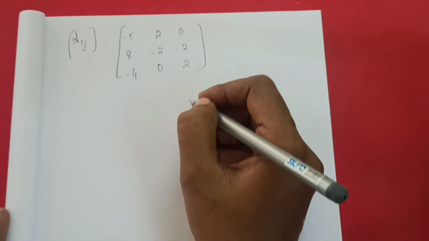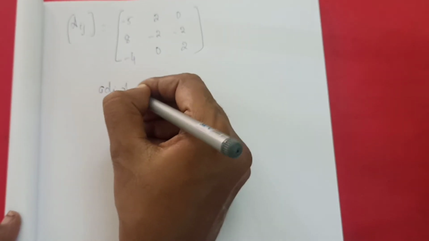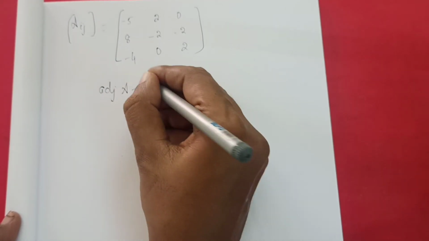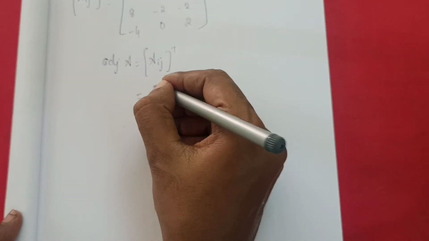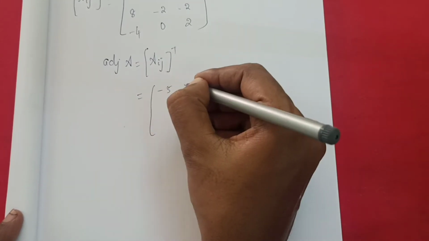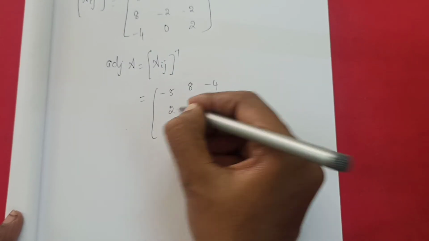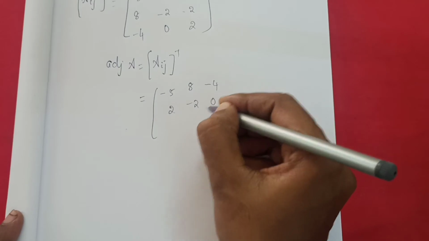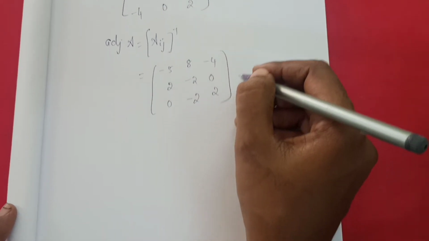Okay. So adj A is equal to the whole transpose of Aij. So row changes to column, column changes to row. So that's equal to minus 5, 8, minus 4. Then 2, minus 2, 0. Then 0, minus 2, 2. Okay, so this is adj A.